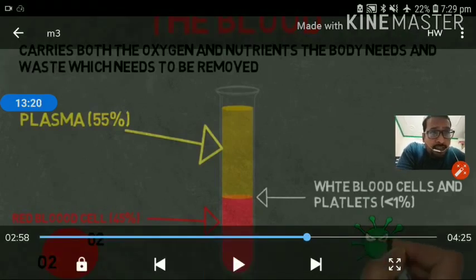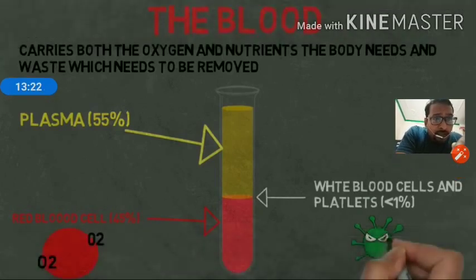As you can see in the picture, the white blood cells and platelets help us fight against diseases. Platelets, you must know, help in clotting. Whenever you get hurt, it can be repaired easily because of platelets, the science of nature which God has given to you.